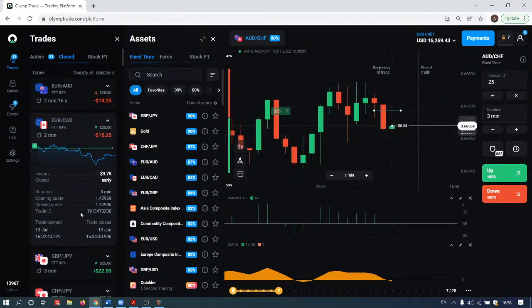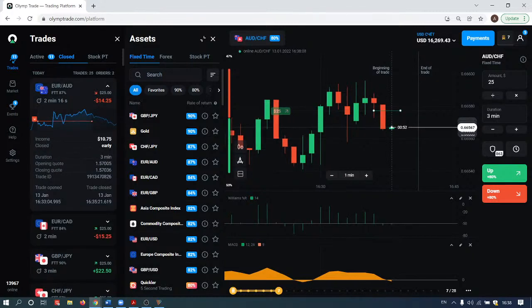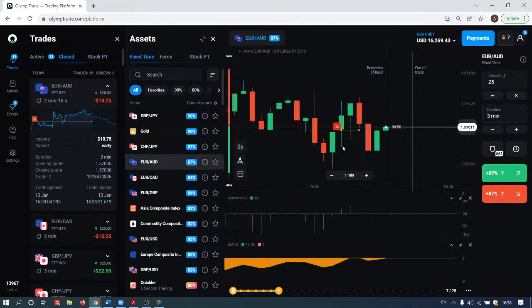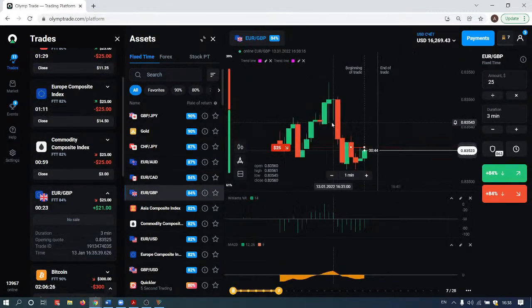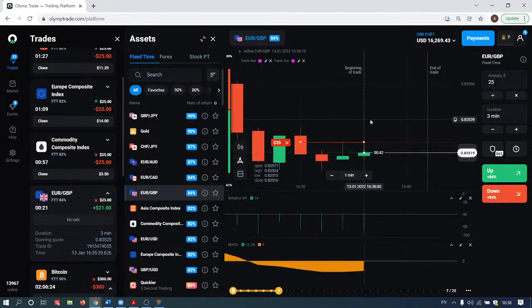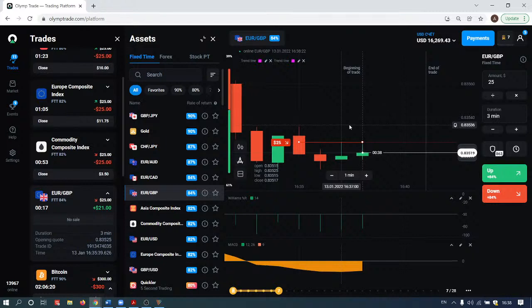That was the right cancel, and this one, well, maybe that could have been a winning trade. I don't know. No, that would still be a losing trade. Well, that was two, so I saved myself $20 with this cancel option.